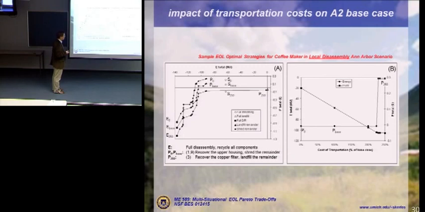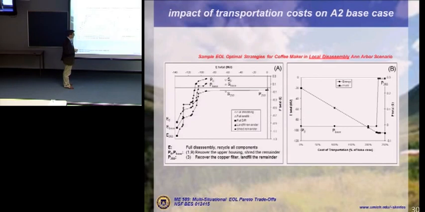Now, what you're looking at over here on the right is fairly informative because it looks at how robust your strategy is to cost. So here you're looking at the cost of transportation, basically from free transportation up to 2.5 times the base case transportation cost. And what you see here is your strategy in terms of what you do doesn't change. Your profits go down as transportation costs go up, but your strategy doesn't.